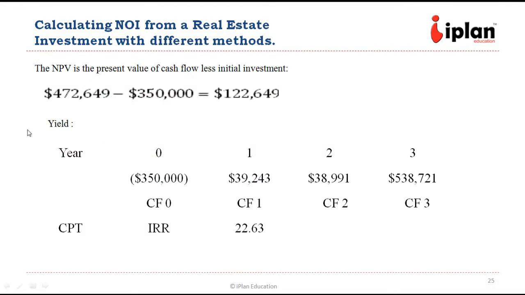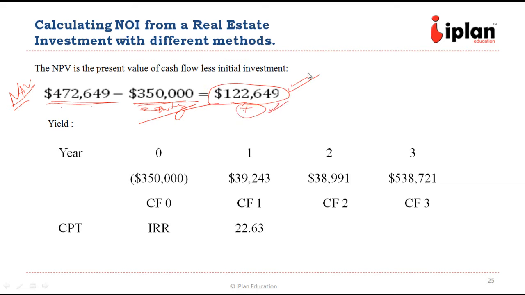So if we want to find out the net present value or net asset value, it is going to be the present value of total future cash flows minus the equity or the investment. So this is our net present value or net asset value. Since it is positive, this investment is worthwhile.